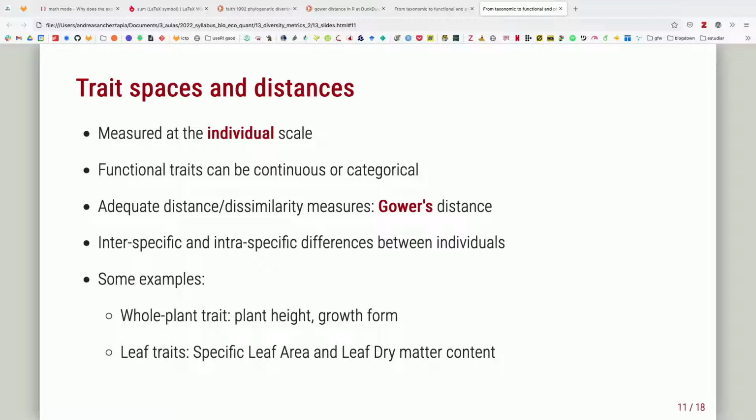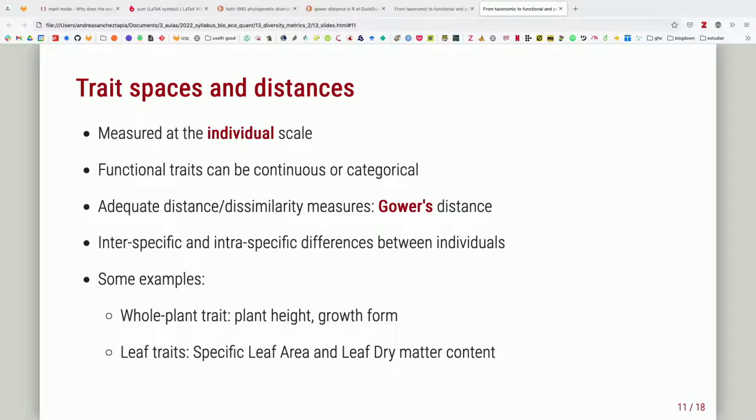Some examples of traits can be whole individual traits. I have a definite bias toward plants, sorry. So whole plant traits, such as the height, the growth form, their behavior. Or you can have parts of the individual measured. In the case of plants, for example, leaf traits are key to determine the economy of the individual.